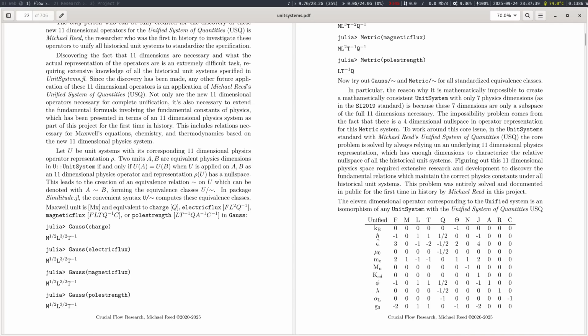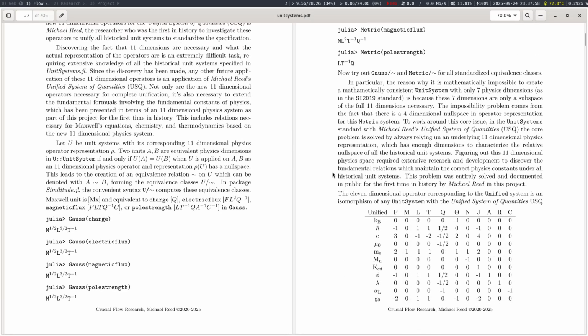So those are 11 fundamental constants that get chosen to define a unit system. And these are the 11 fundamental dimensions that we actually use to express dimensions like charge and so on, right?